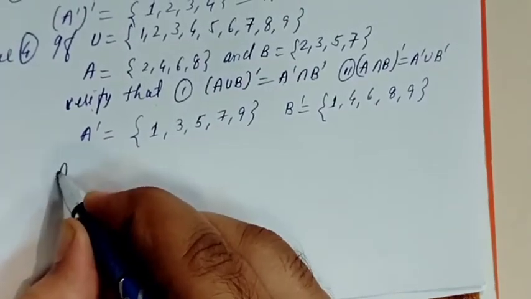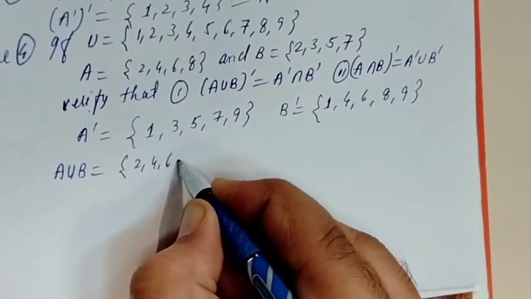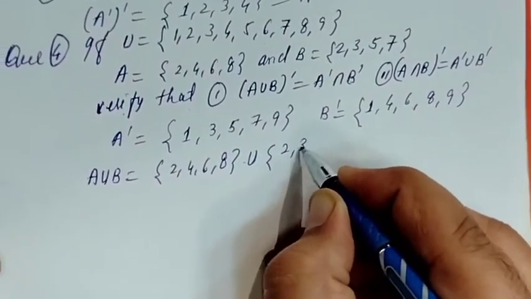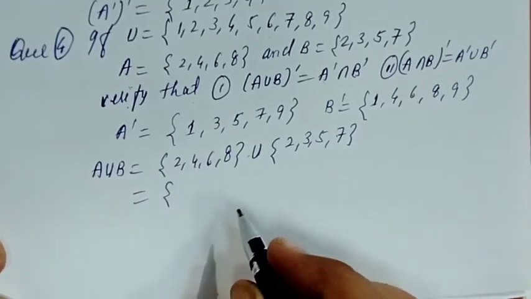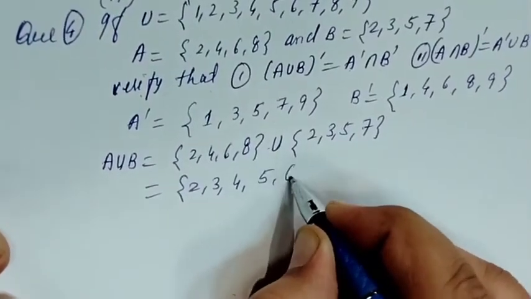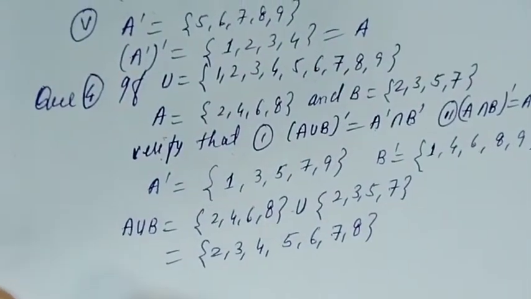Okay. So A union B. A is 2, 4, 6, 8. Union B is 2, 3, 5, 7. Take elements which are in A or B. So 2, 3, 4, 5, 6, 7, 8 is A union B. Then the LHS of the first part.